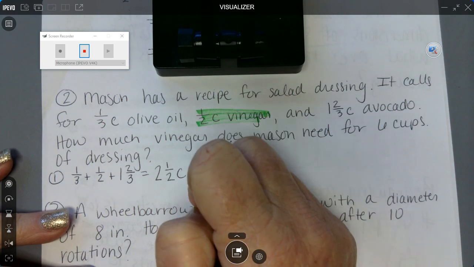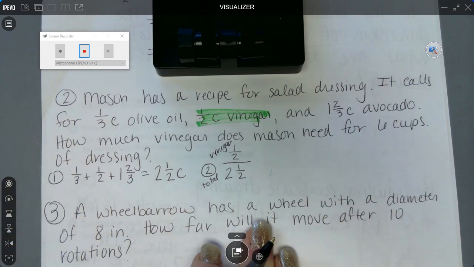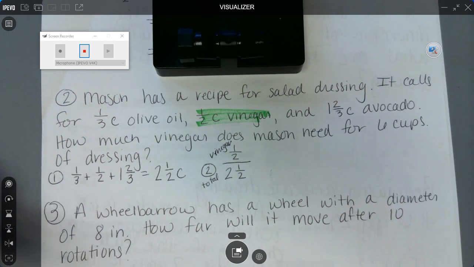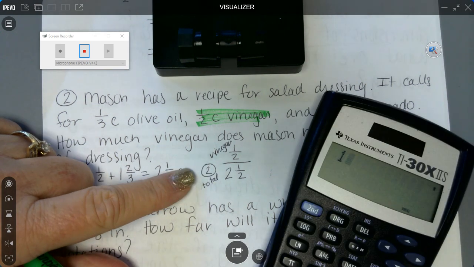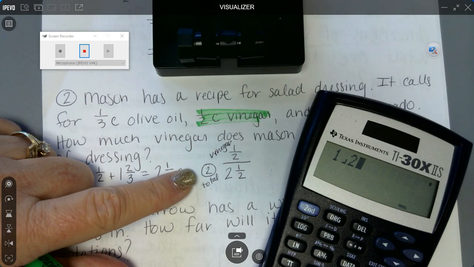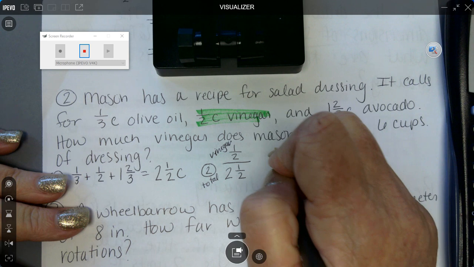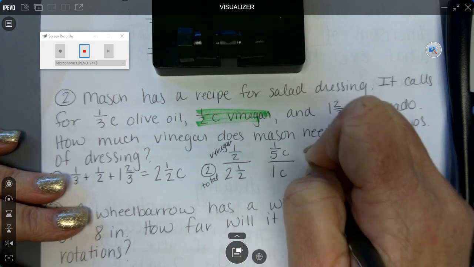And this is my total cups here. So what I'm going to do now is find out how many cups of vinegar in 1 cup of salad dressing. How do I find the unit rate? Divide. So 1/2 divided by 2 and 1/2, and it comes out to be 1/5 cups of vinegar for 1 cup of dressing.